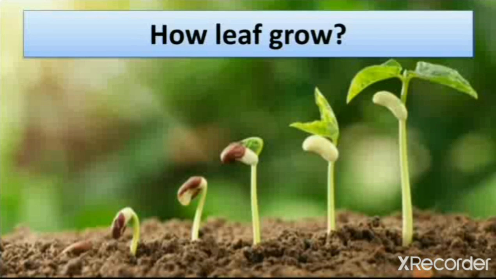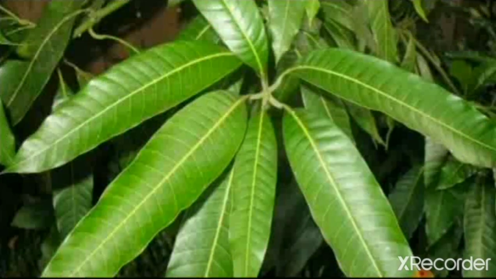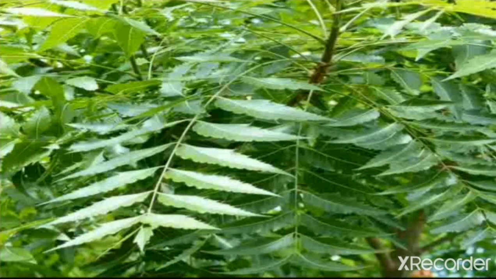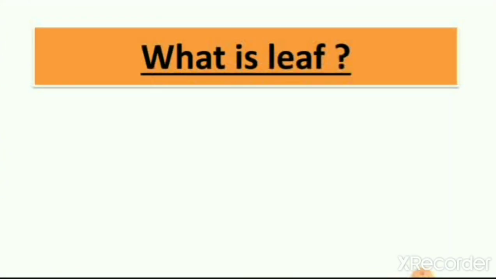Let's revise what we learned today. We learned how leaves grow, different types of leaves: Asoka tree leaves, mango tree, banana tree, neem tree, and another one, a three-color leaf.